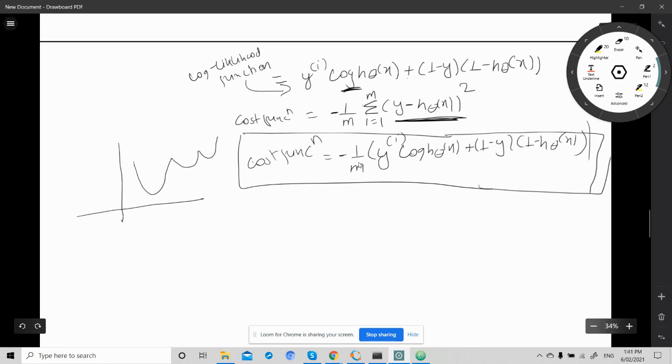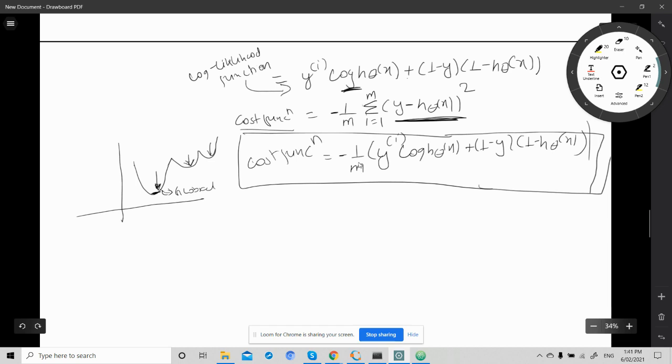So we need to have the minimum cost function, the minimum value. Our local minimum will be at this position, and we need to look for this value, which is our global minima. Implementing MSE will give us multiple local minima, so we cannot use this equation, as we will not get the global minima.